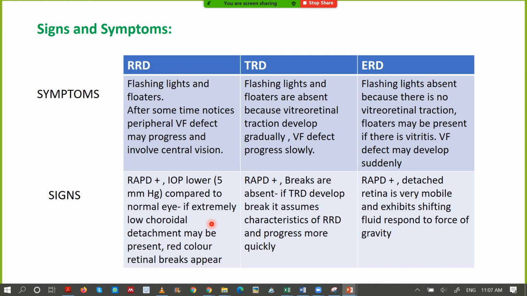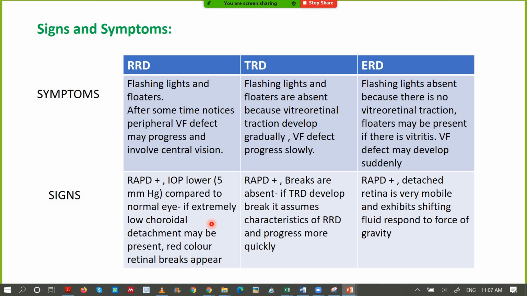That is because, as in the previous image showing the breakage and the vitreous pulling, it is pulling the retina from the periphery, from the ora serrata till the central vision, which is the macula. So when the retina keeps detaching, there will be a peripheral visual defect.